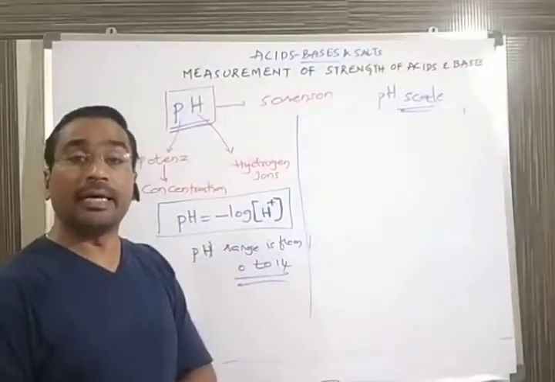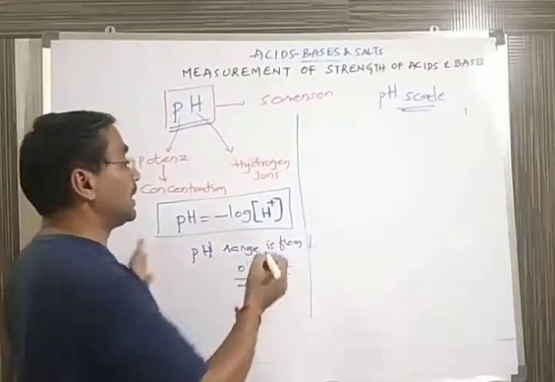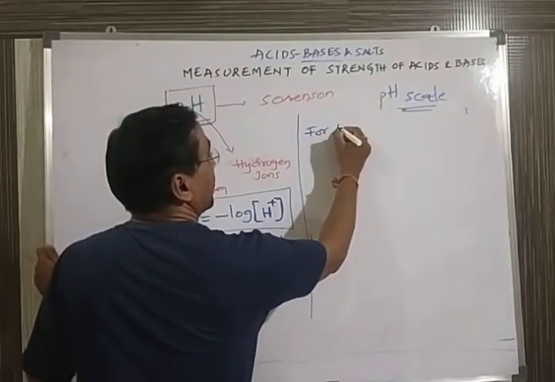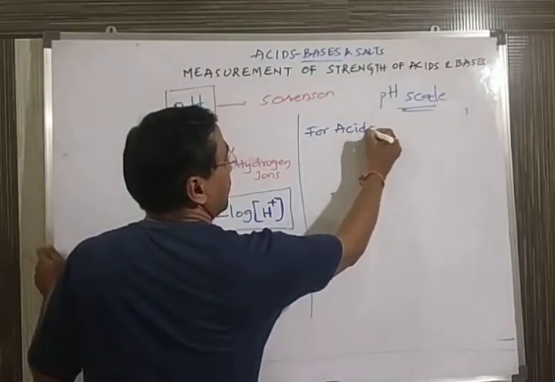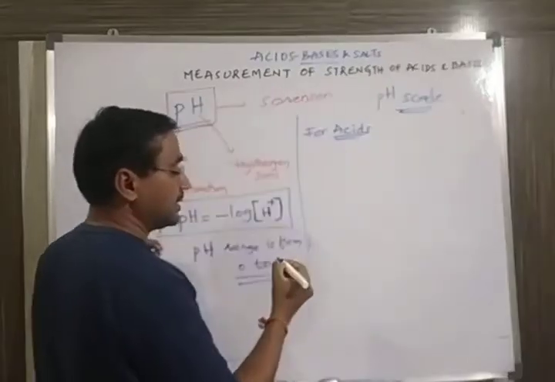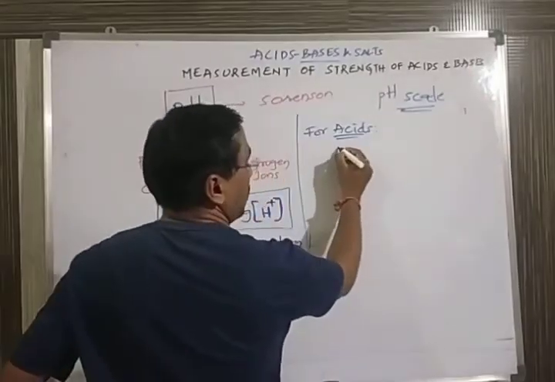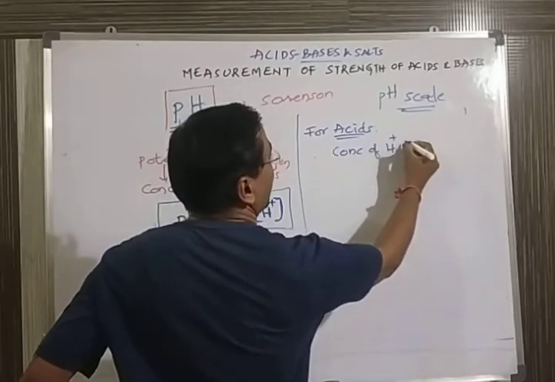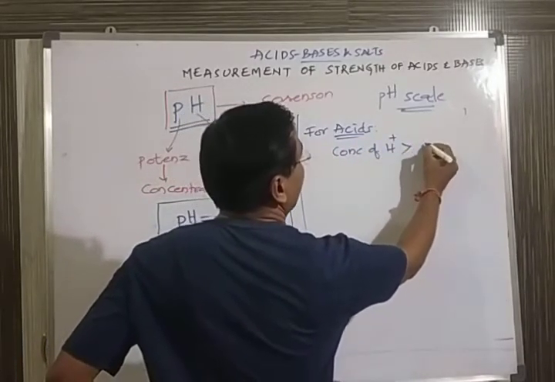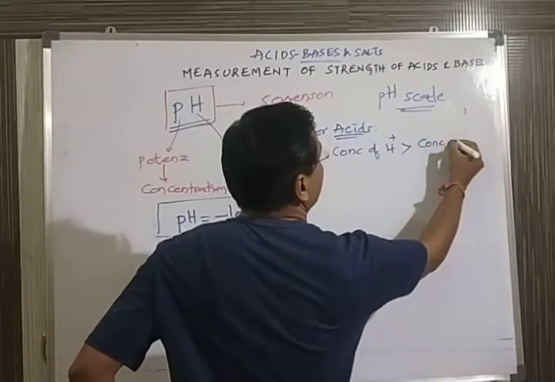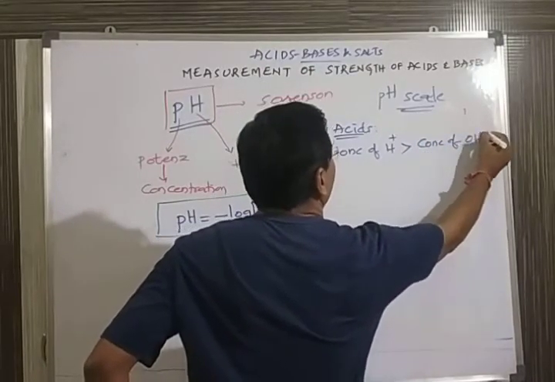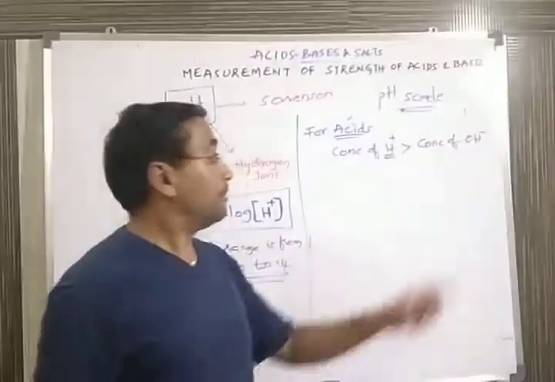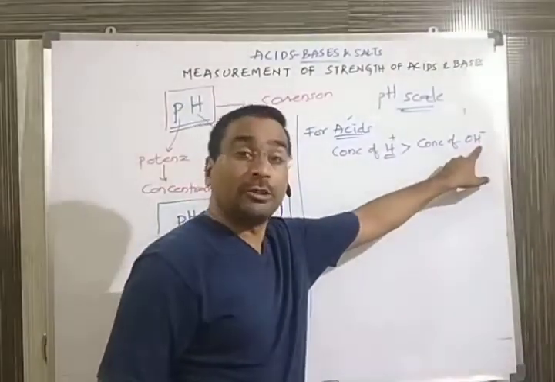In the case of acids, normally the concentration of H plus ion will be greater than the concentration of OH minus ion. Acids always contain which ion? H plus. Bases contain which ion? OH minus.